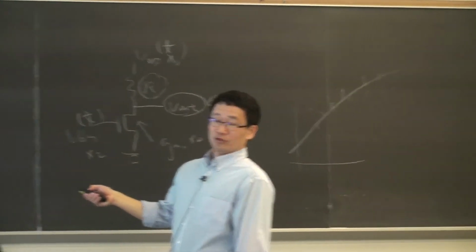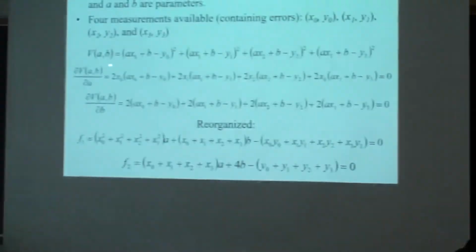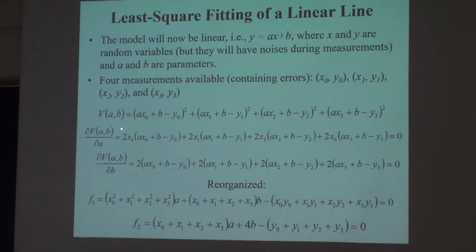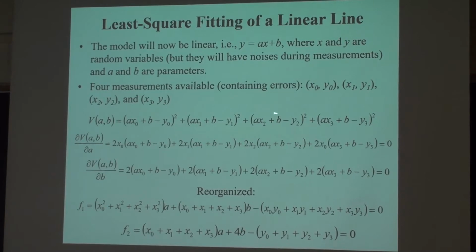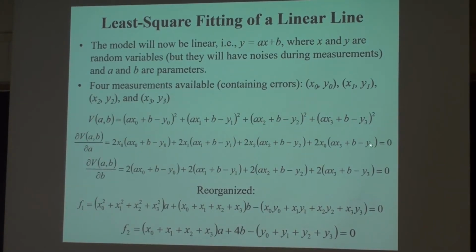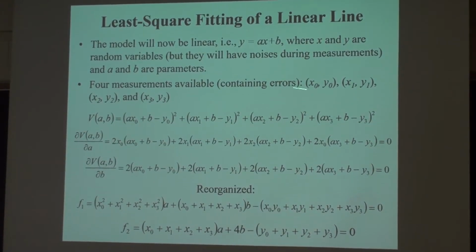Now, according to the procedure, V as a function of a and b, I'm going to take the gradient and Hessian. V(a,b) equals this least square, very simple. Look at it: a x0 plus b minus y0. This is my first instance of measurement.